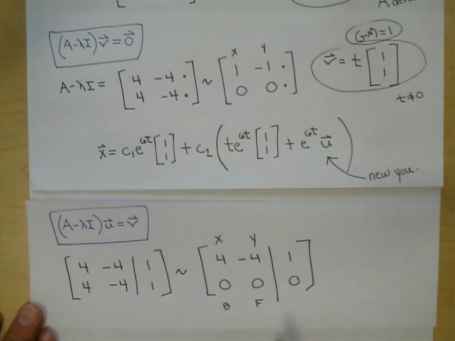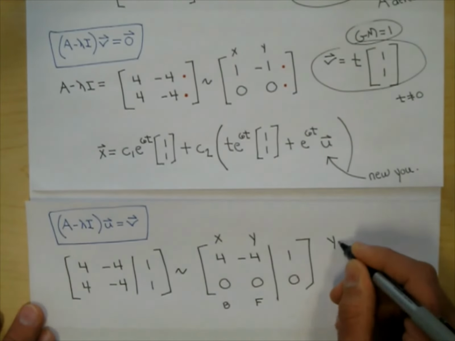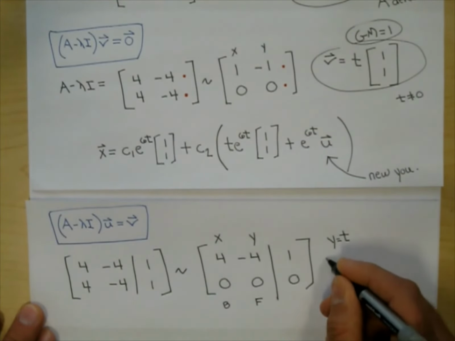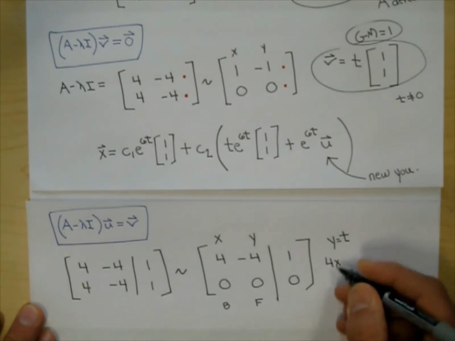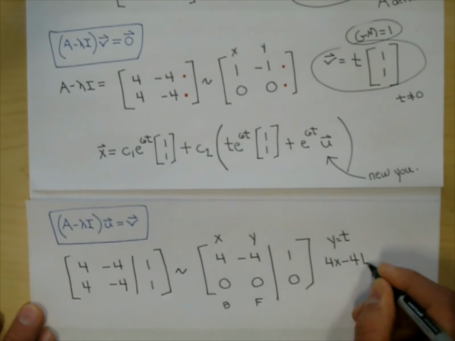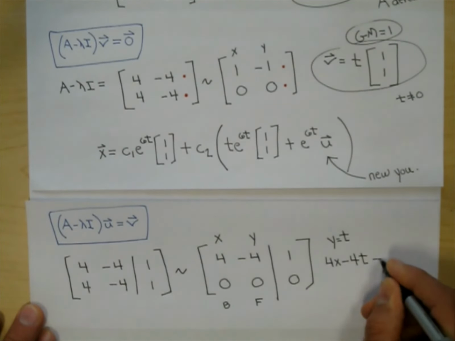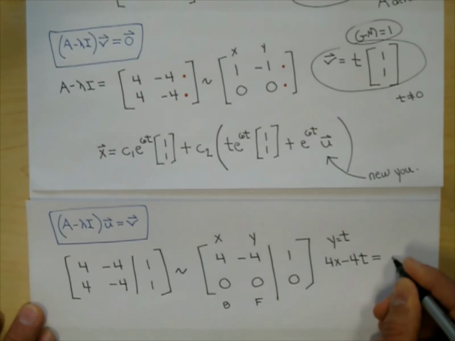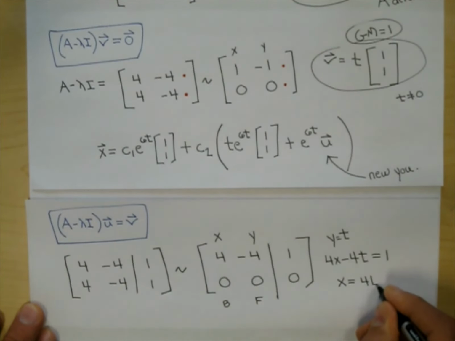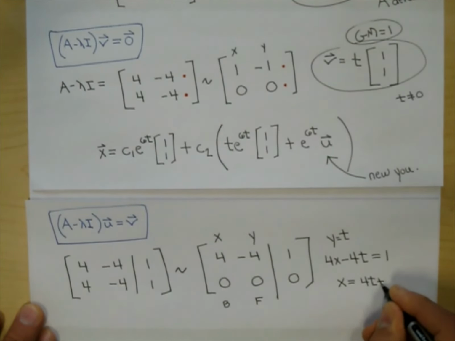Since y is free, we're going to say y equals t, and then the top row gives me 4x minus 4y. We're going to write 4t there. This equals 1. So what does x equal when you solve for it? x equals (4t plus 1) all over 4.